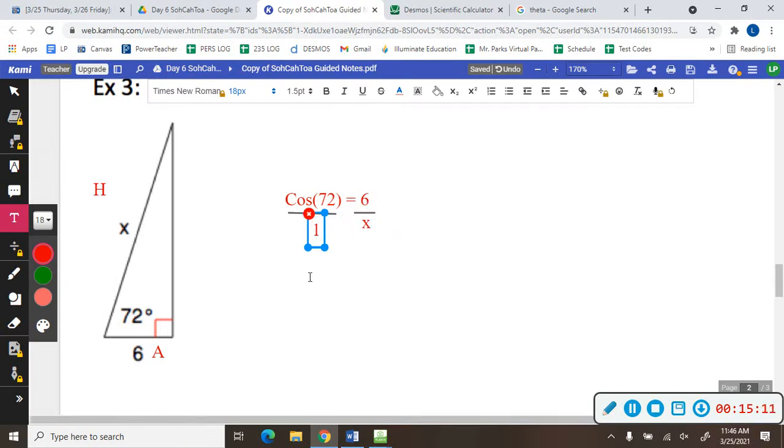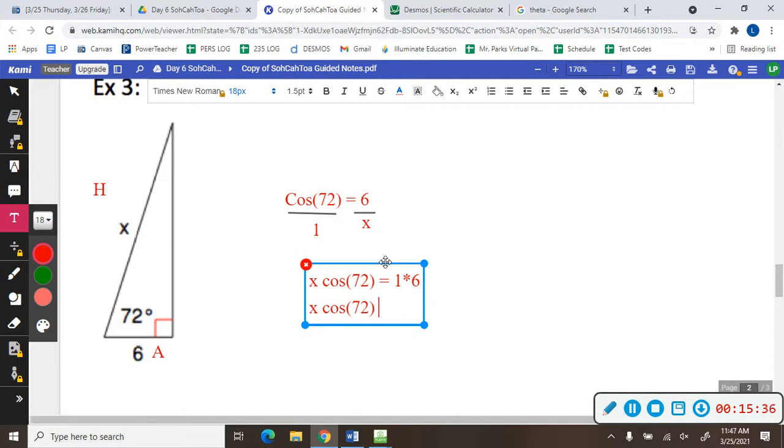I get x times the cosine of 72 is equal to 1 times 6. But that would be x cosine 72. 1 times 6 is 6.